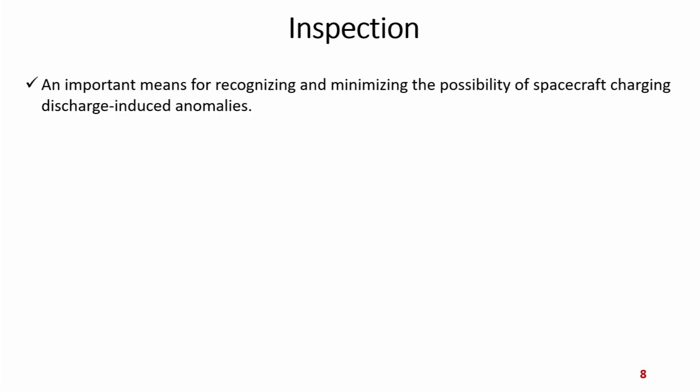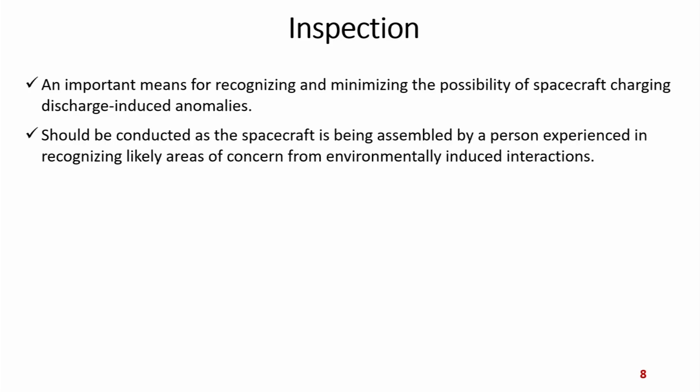Inspection is very important, and it is a means for recognizing and minimizing the possibility of spacecraft charging, and especially discharge-induced anomalies. Generally, this inspection needs to be done when the spacecraft is being assembled, and it needs to be done by an inspector or persons who are experienced in recognizing the likely areas of concern.